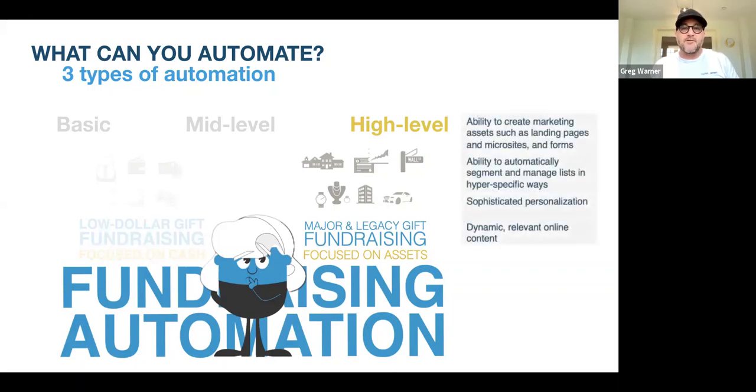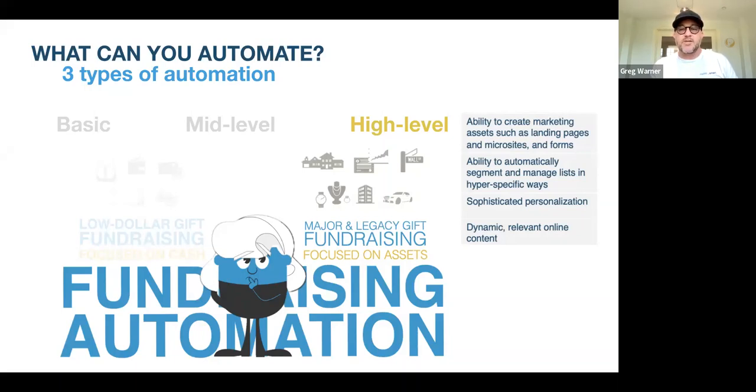So with this high-level automation, you get the ability to create marketing assets such as landing pages, which are needed for a more highly considered decision, and sometimes microsites, forms, surveys, things like that. They also provide the ability to segment and manage lists in a much more hyper-specific way.